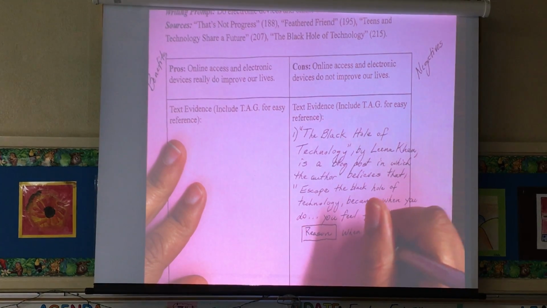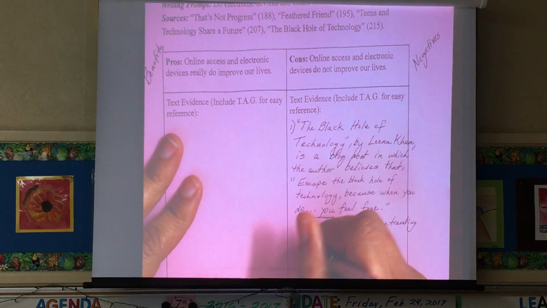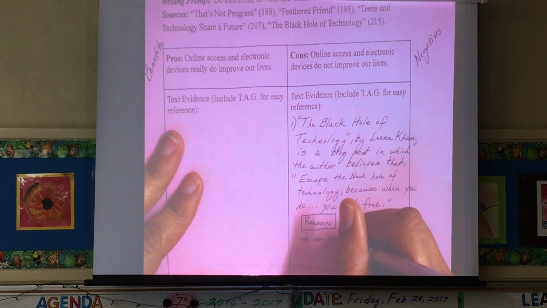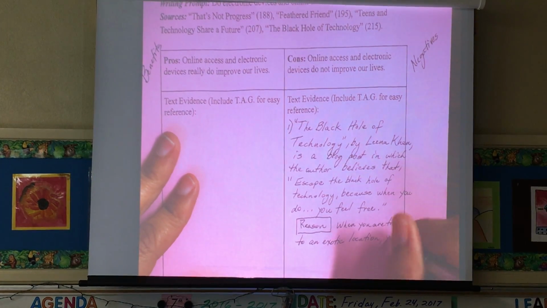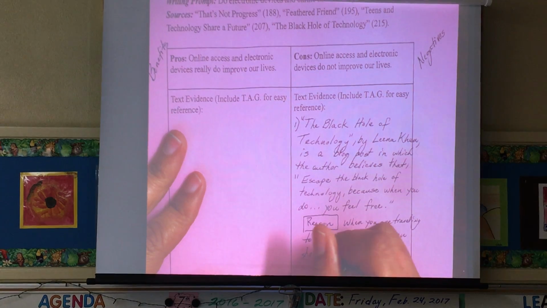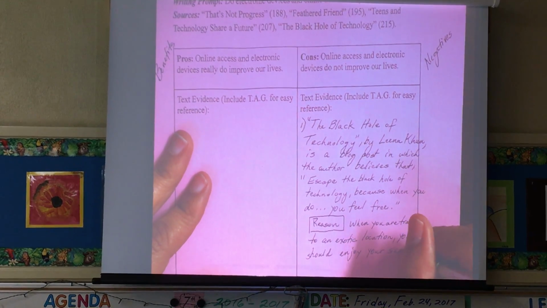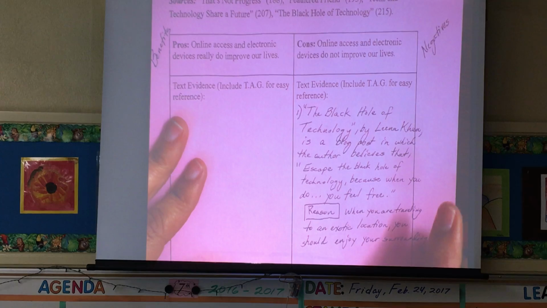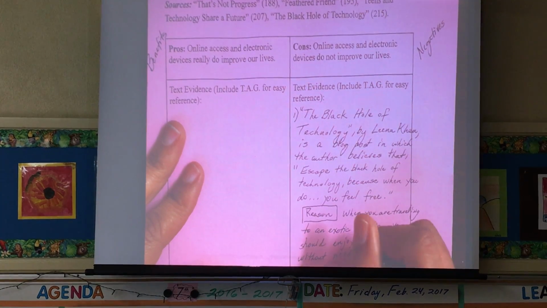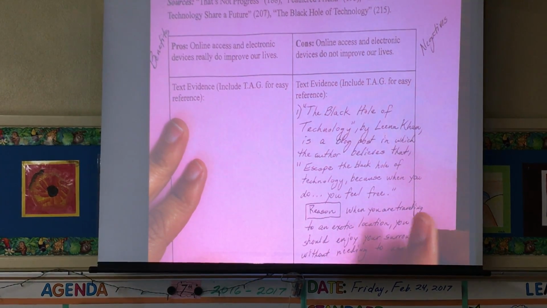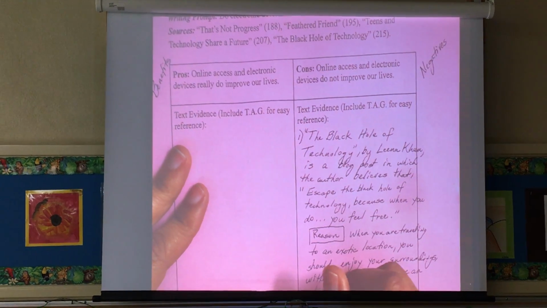When you are traveling to an exotic location, you should enjoy your surroundings without needing to use an electronic device.